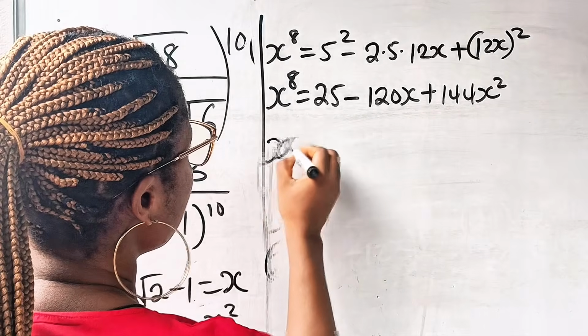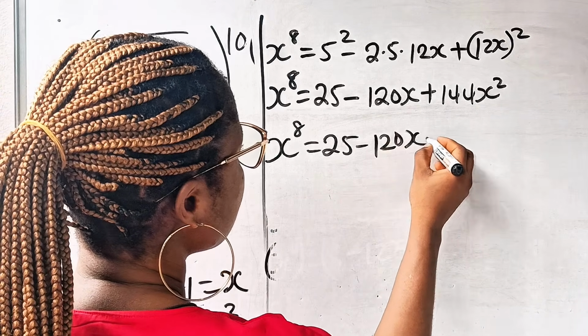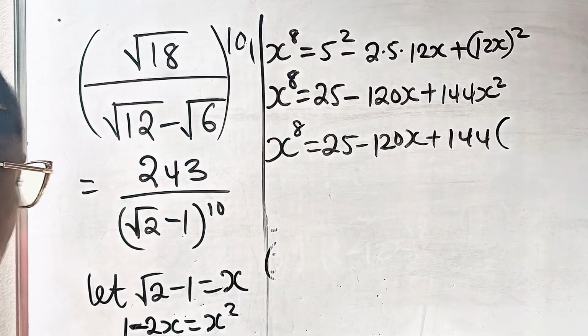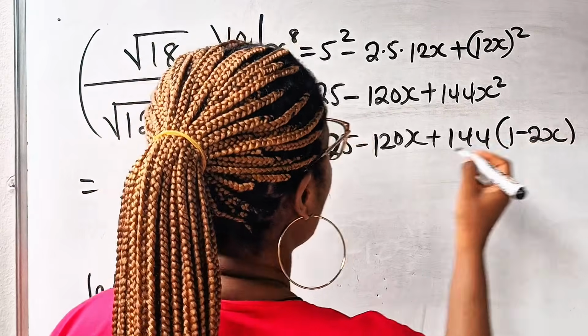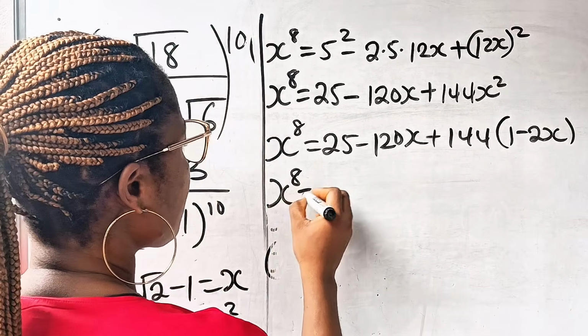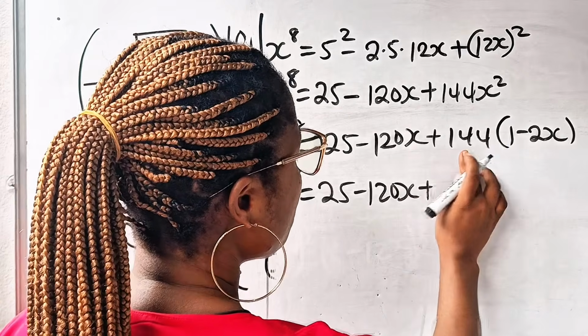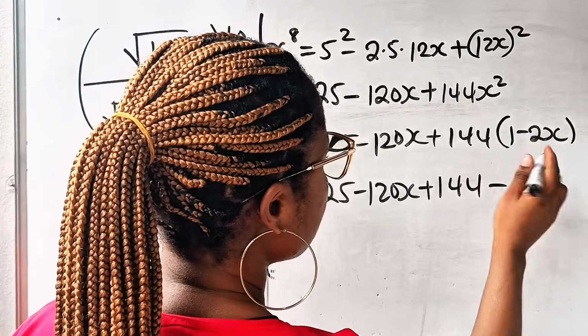So I have x to the power of 8 is 25 minus 120x plus 144. Now our x squared is 1 minus 2x, so we are substituting that. We have x to the power of 8 is 25 minus 120x plus 144 times 1 and minus, this will be 288x.